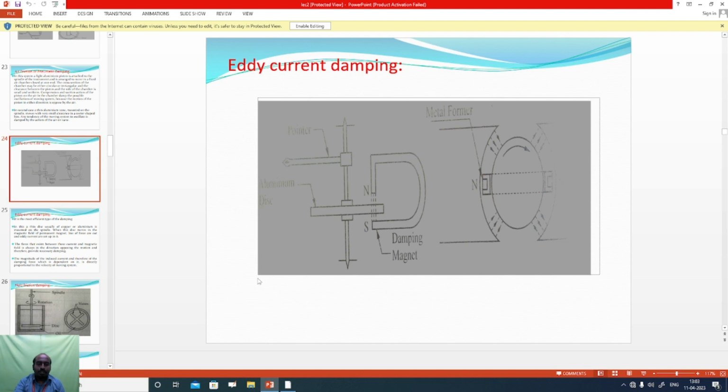The eddy current direction is opposite to the source which produces it, such as to oppose the source which produces it. So the movement is damped.